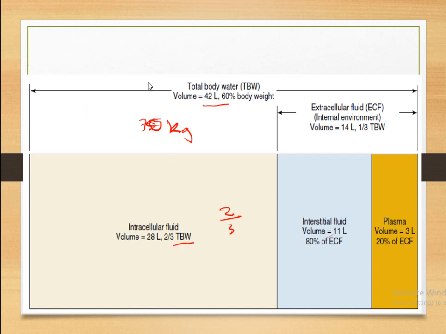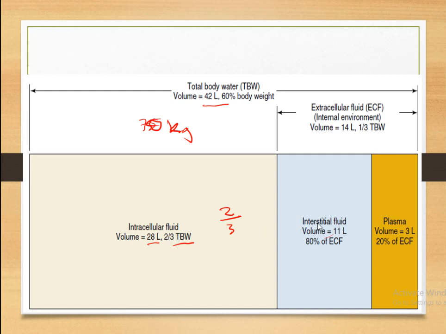Remember, I said the total body water is 42 liters, in both intra and extra. But the question is, how much water is in the intracellular fluid? In the intracellular fluid, we have 2/3 of water, which makes up 28 liters.